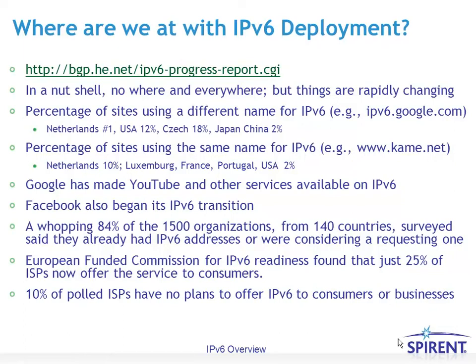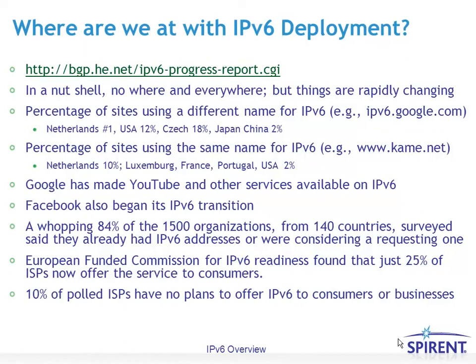But as you can see on some of these bullets, there are sites that have been converted. For instance, Google actually uses a different name for their IPv6 site, whereas some of the sites, such as the CAIM, actually use the same name, and then it's up to the IPv6 stack in your machine to decide, once it resolves www.caim.net to both an A and a quad A record using DNS, which protocol to actually use, IPv6 or IPv4.